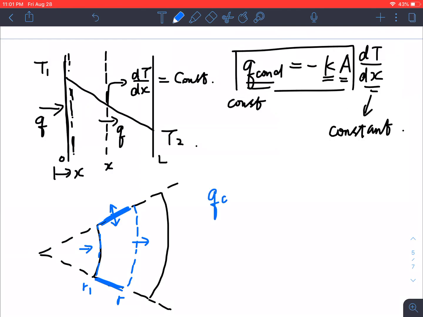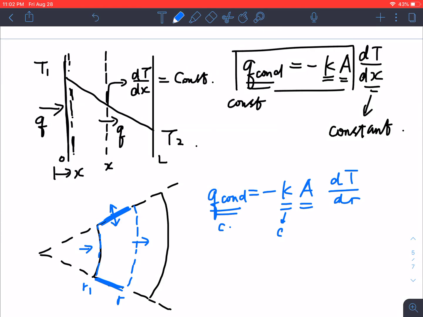And then we call the Fourier law. This is again a constant. Homogeneous material K is also constant. But when we look at this area, things start to change, right?